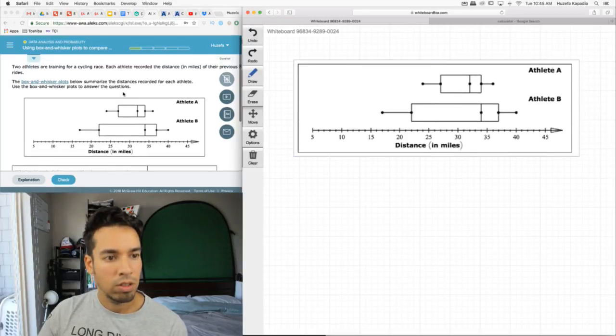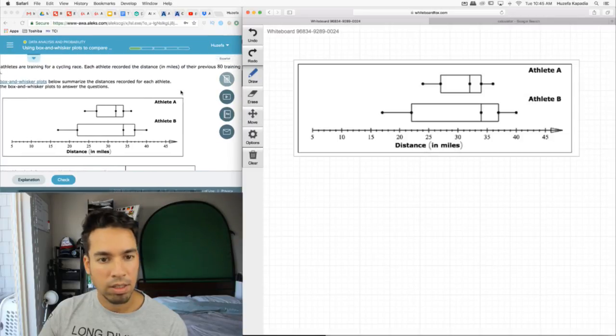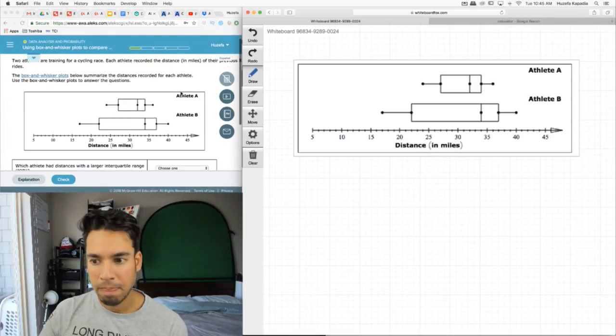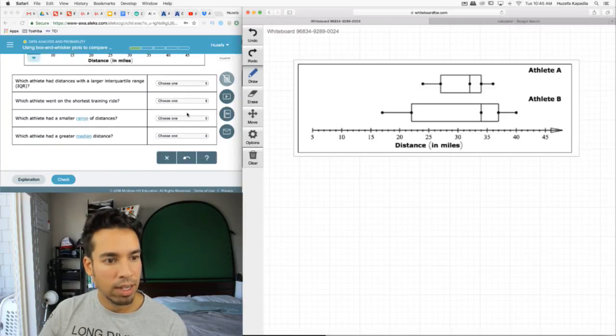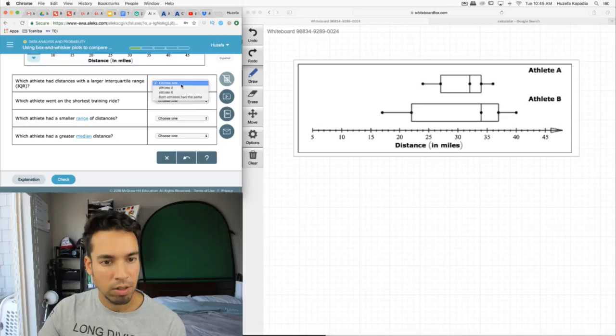Okay, here we go. This looks like athletes for a cycling race, and this is the distance in miles that they traveled. Okay, two athletes. Which athlete had distances with a larger interquartile range? Clearly athlete B, right? This range is bigger here. Which athlete went on the shortest training ride?